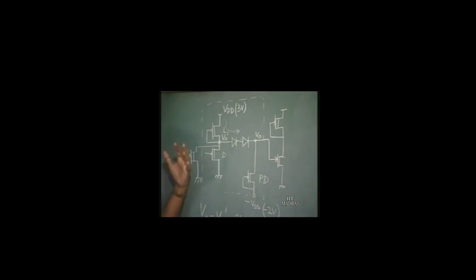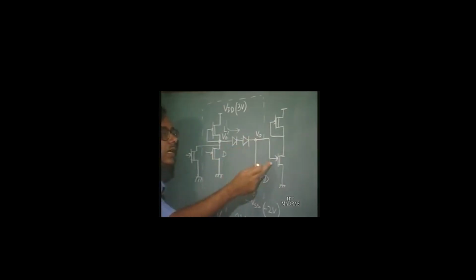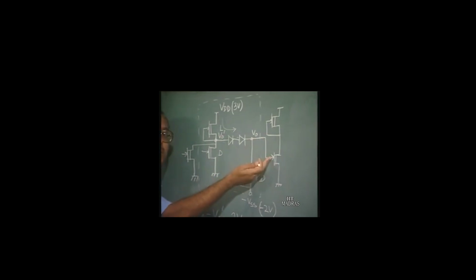So during the switching period it can provide a large current, but in this case the load transistor, because its gate to source voltage is always 0 volt, has a limited current, and a part of this current is going to flow into the pull down transistor. So the current available for turning on the output transistor is very small.